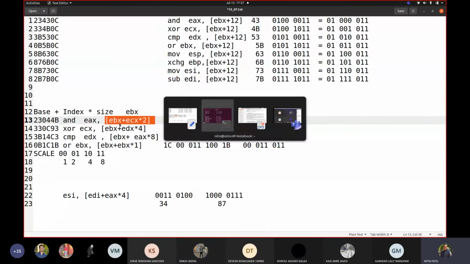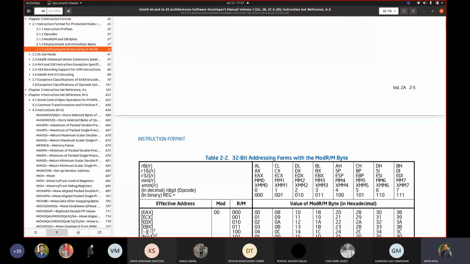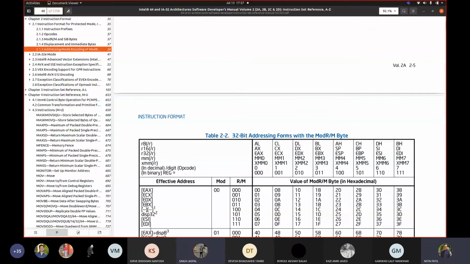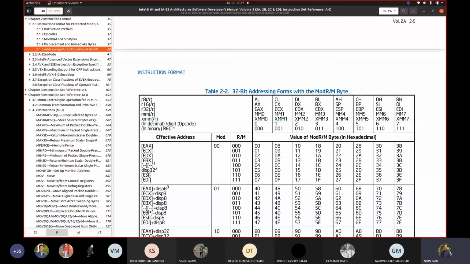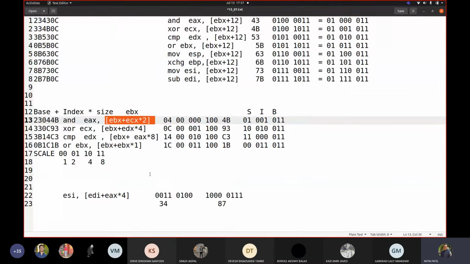This looks to be an address which may contain some register, but we don't know. If you see this particular ModRM thing, what number did we get there? 34, correct?